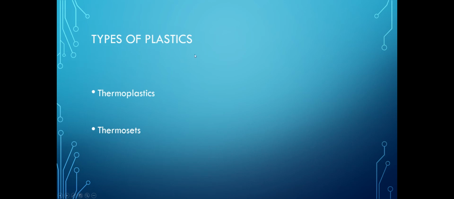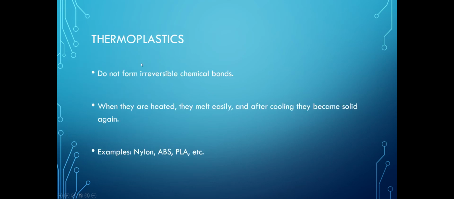There are many different types of plastics with many different types of properties, but we are going to classify them in two types, which are thermoplastics and thermosets. The first one, thermoplastics, is a kind of plastic that does not form irreversible chemical bonds. All their chemical bonds are reversible, and when they are heated, they melt easily, and after cooling, they become solid again.